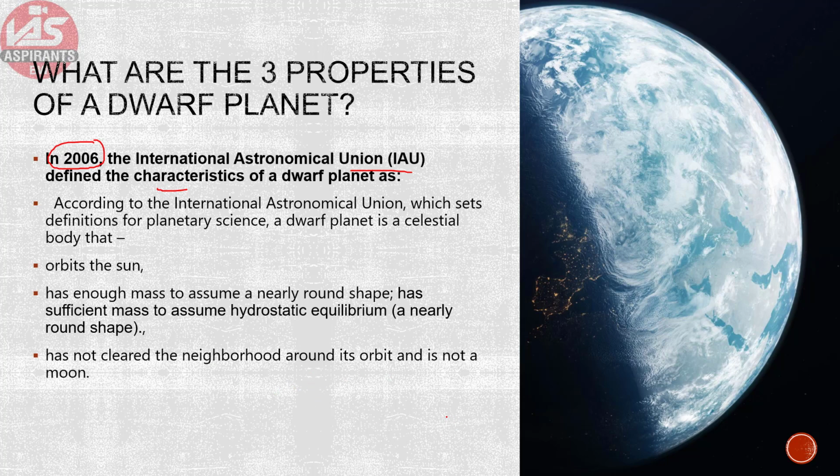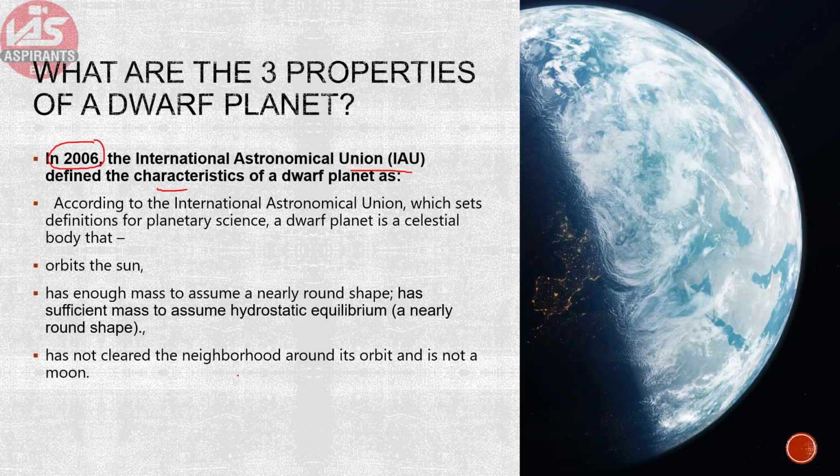So if this is, say, a planet, and I ask you what will be the 3 properties of a planet, 2 of them are the same. The first 2: a planet orbits the sun, and it has enough mass to assume a round shape. Almost all the planets, if you see, assume a nearly round shape. So that is also correct. But the third property is where planets and dwarf planets differ.